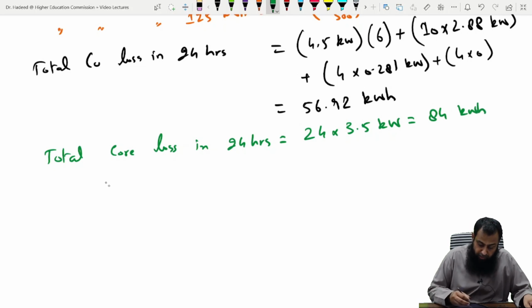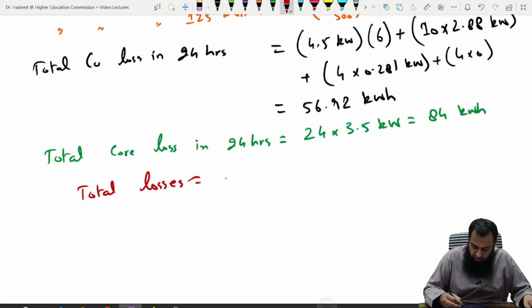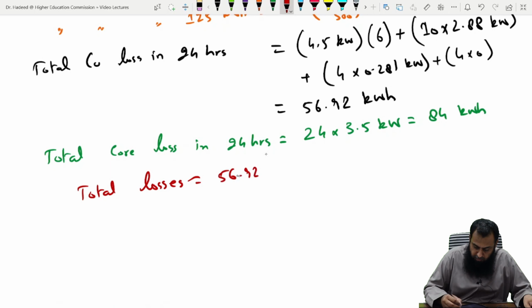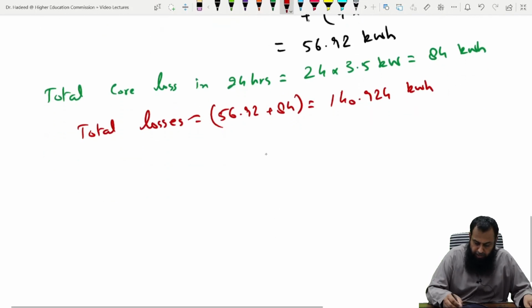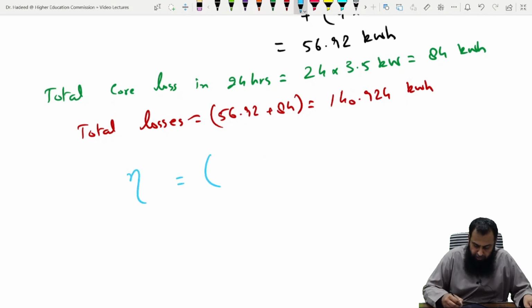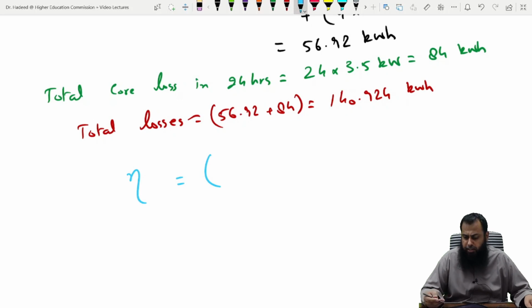So now the total losses in this example are 56.92 plus 84, and that is equal to 140.92 kilowatt hours. Now we can find out the efficiency simply by dividing the output by the output plus the losses, and that will give us the efficiency here.